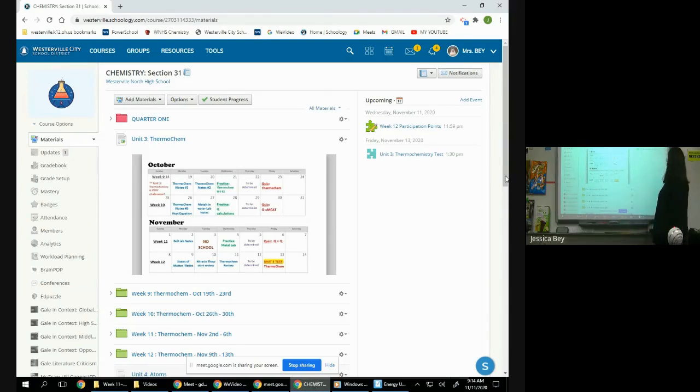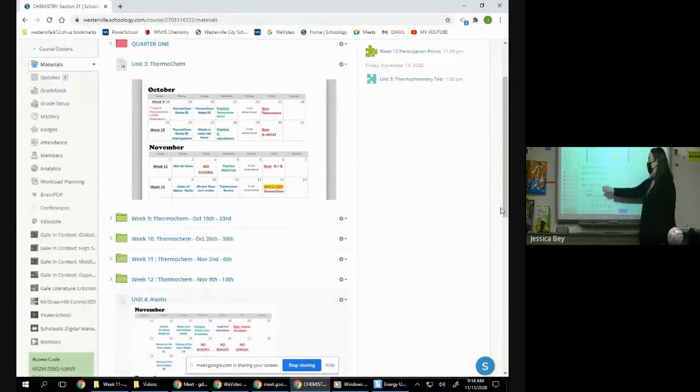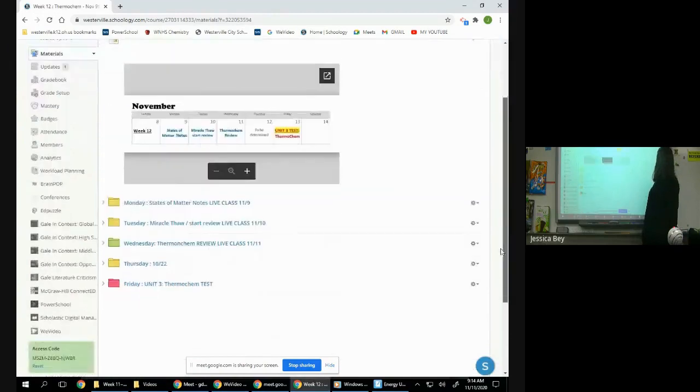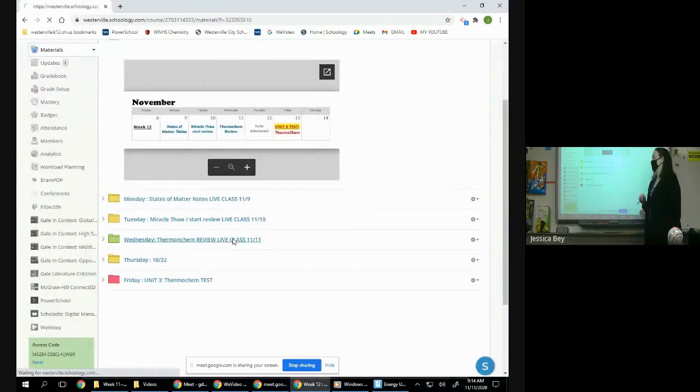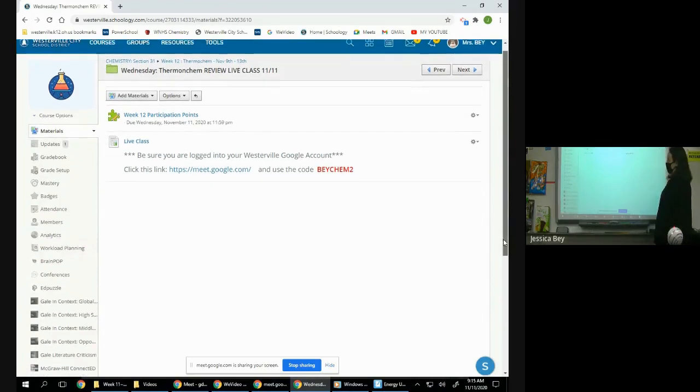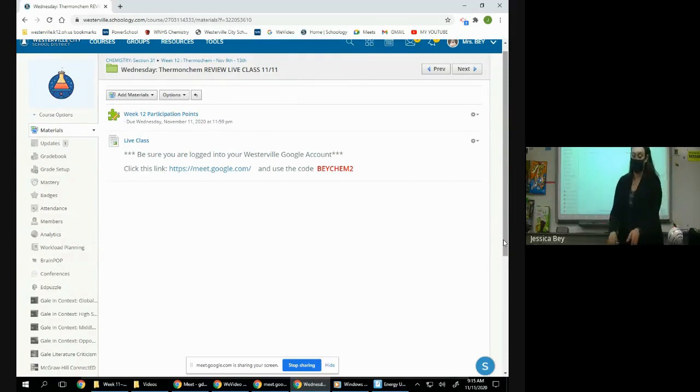Last thing before I turn you out to just go ahead and do whatever. If you go into week 12 and you go into the Wednesday folder, I put the answer keys up here yesterday. Okay, the answer keys will be here in 5 seconds. The answer key to the heat and energy review will be there. Okay, and there's also a concept map in your packet if you would like.